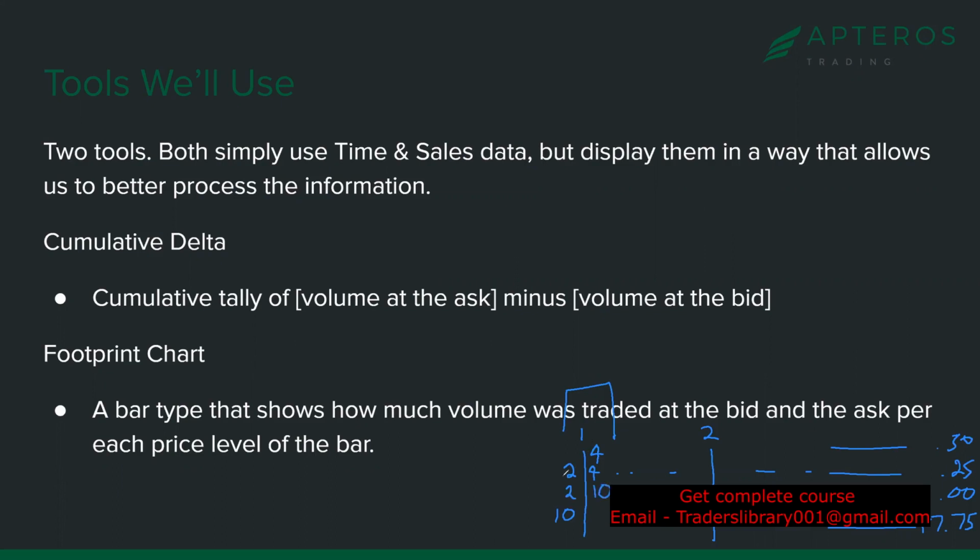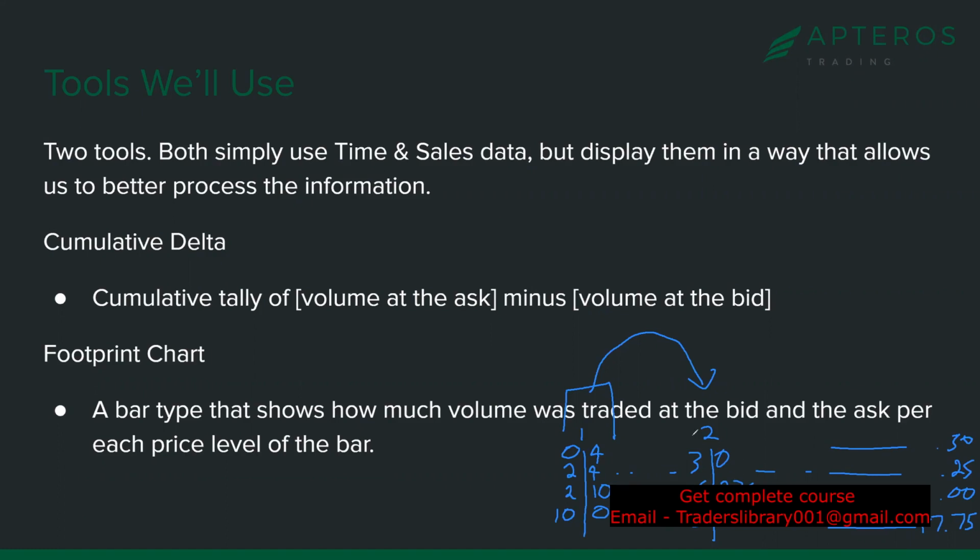So you end up with a 0 here and a 0 here. You end up with something that looks exactly like this. And then let's say 60 seconds is up. So boom, that bar is done, just like a normal 1-minute bar chart. And we started over here, 3 contracts and 0 and 15 and 275 and 5 and 0.